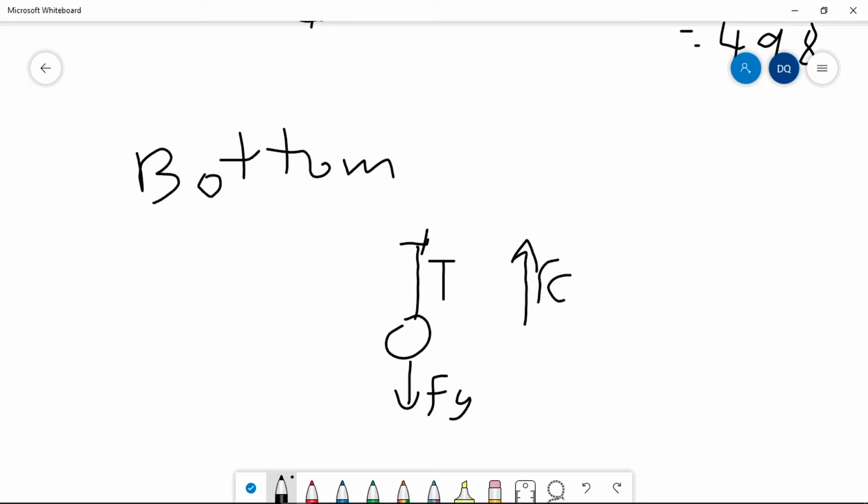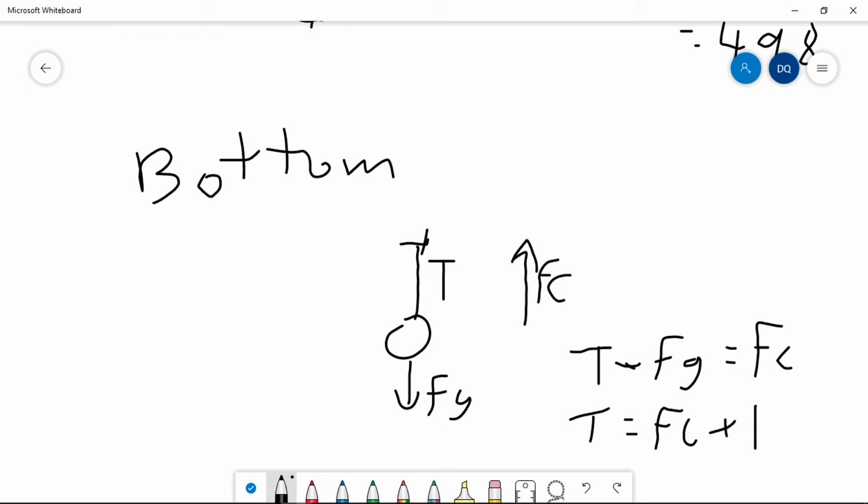Sorry, I'm missing the F there. The centripetal force is going upward, and that is the net force. So what does that mean? That means that tension minus the force of gravity is equal to the centripetal force, because they're in opposite directions now. So now tension is going to be the centripetal force plus the force of gravity.